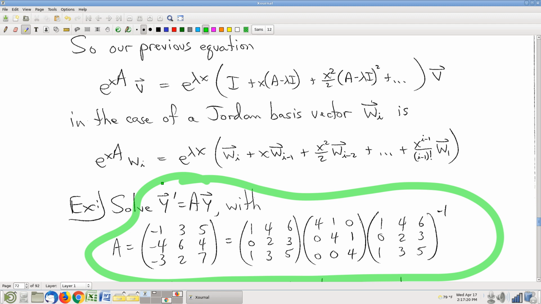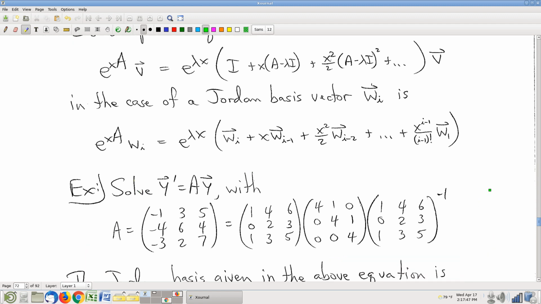This third row down here gives us one decoupled equation, and then we did that whole back solving thing. And once we back solved, we had to multiply by the P matrix. This was our P matrix, and it was a whole thing. It took like 3 pages of algebra. Everybody remember all that work? Let's use our new trick. Let's use our matrix exponentials and Jordan basis trick and see how this plays out.